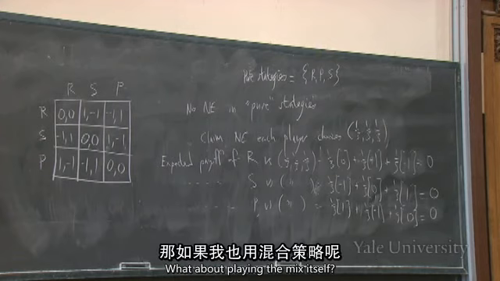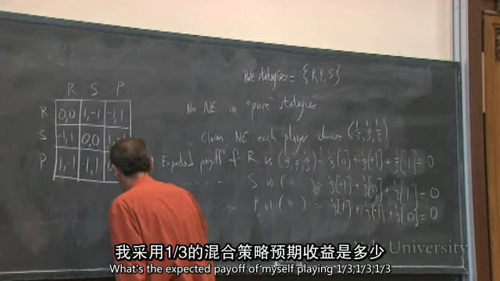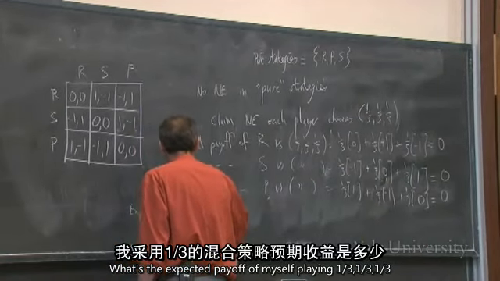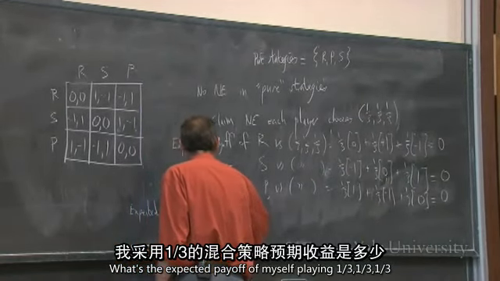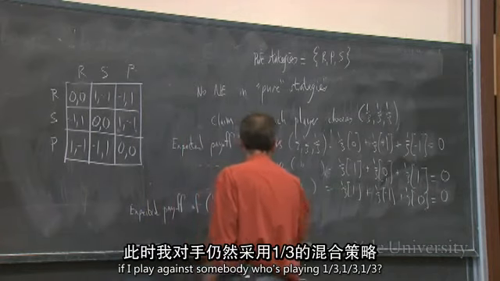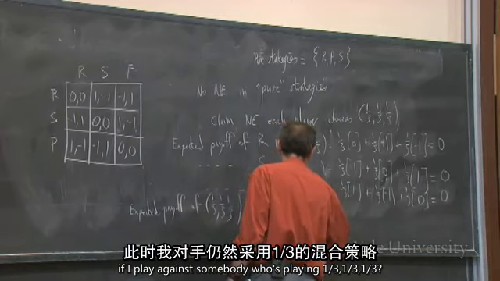All right? What about playing the mix itself? What's the expected payoff of myself playing a third, a third, a third, if I play against somebody who's playing a third, a third, a third?